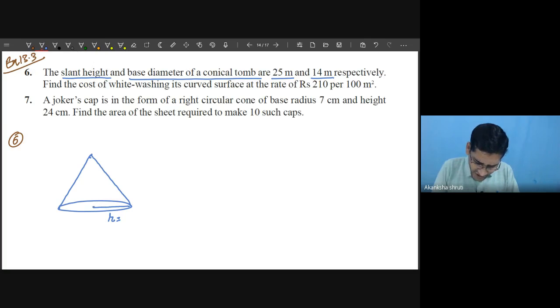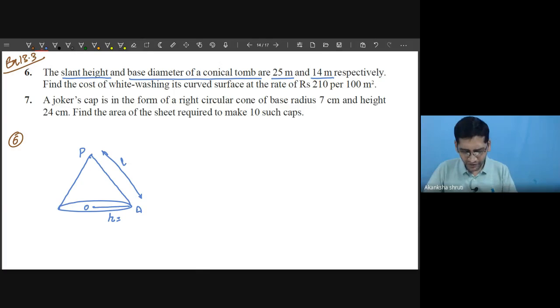Let the center be O and consider the point P. It is given that the slant length, this length L, is given to us, students. So be careful what is given in the figure.